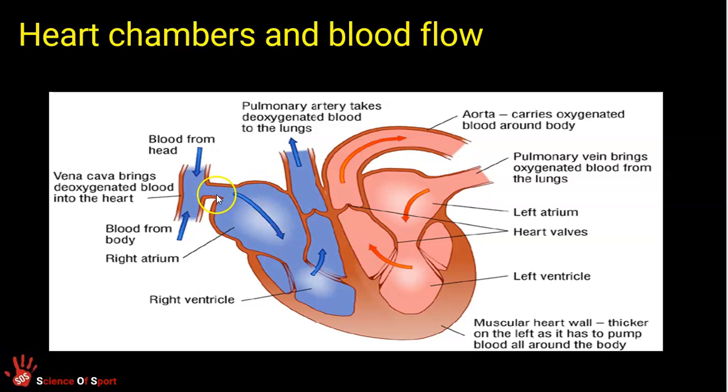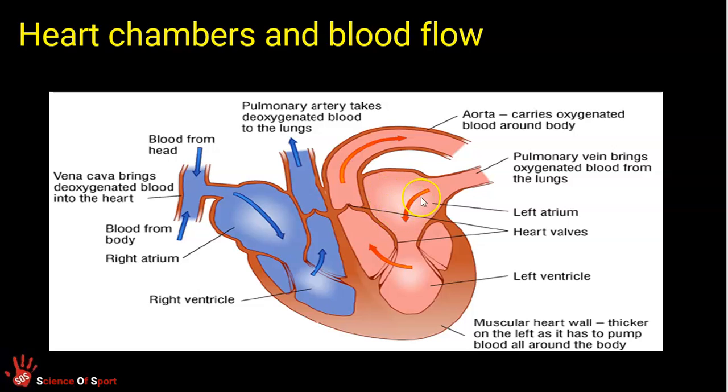So we've got the right atrium here receiving blood from the superior and inferior vena cava, from the upper body and from the lower body. It comes into the right atrium, goes down to the right ventricle, where it's ejected and sent up the pulmonary artery to the two lungs, left and right lungs. The blood is represented as deoxygenated here in its blue colour. And of course, at the lungs, it gets reoxygenated and then is sent back down to the heart, the left side of the heart this time, via the pulmonary vein.